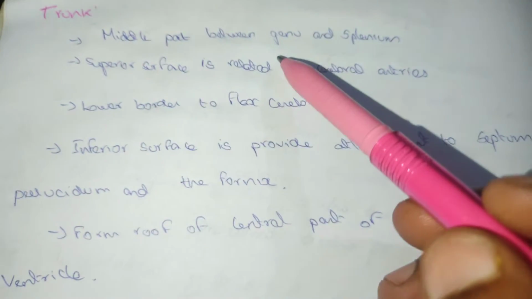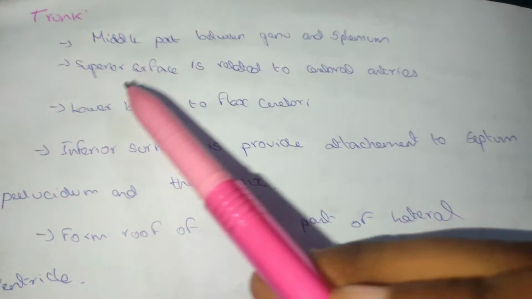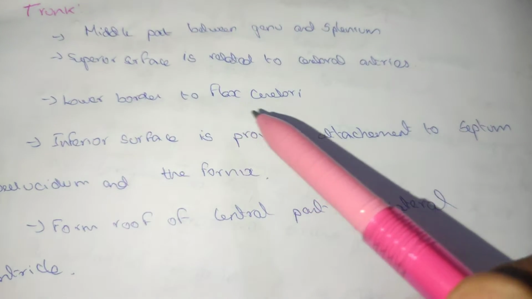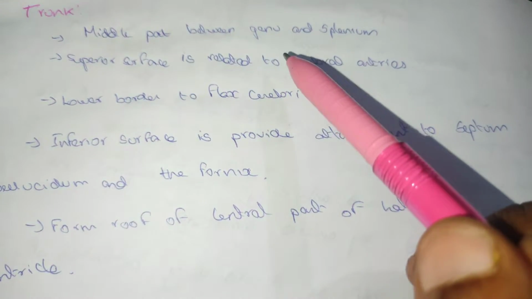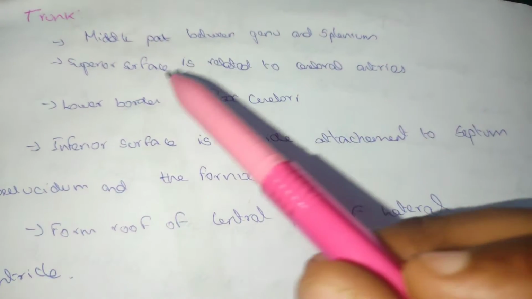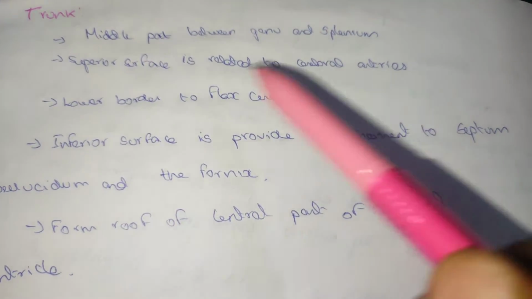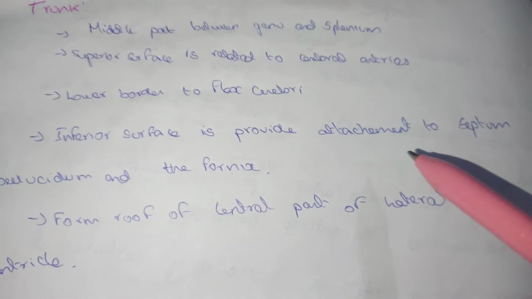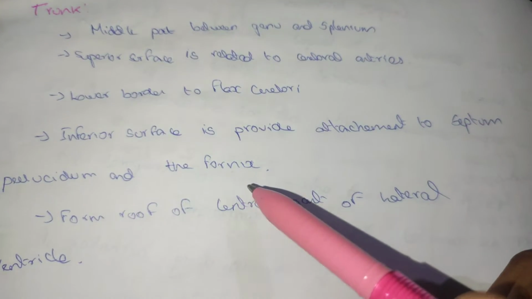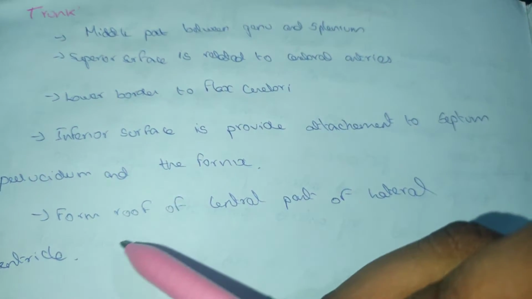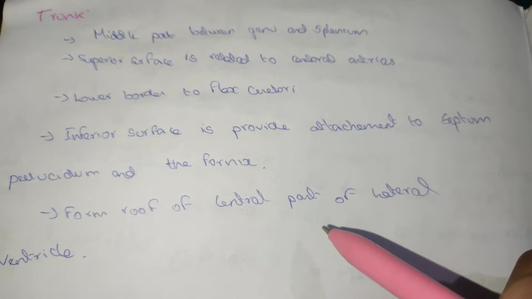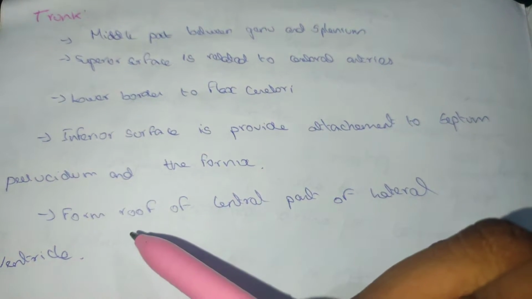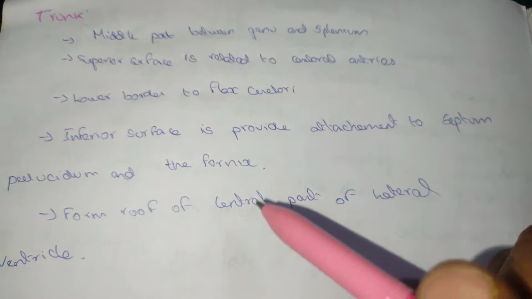The trunk is the middle part between the genu and the splenium. The superior surface is related to the cerebral arteries and the lower border of the falx cerebri.